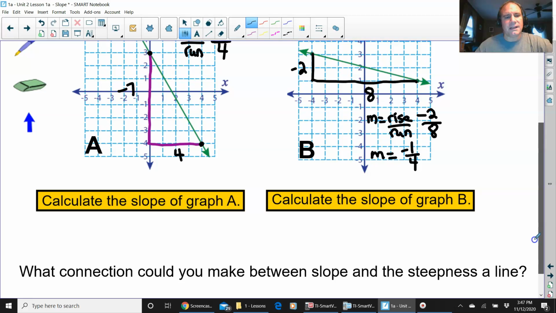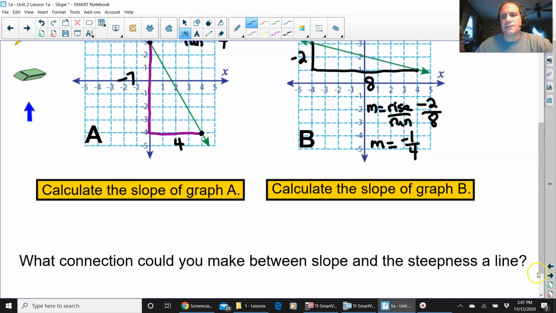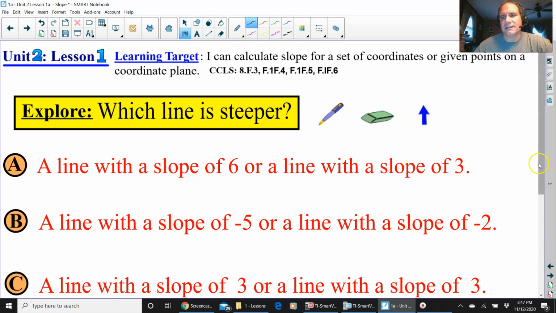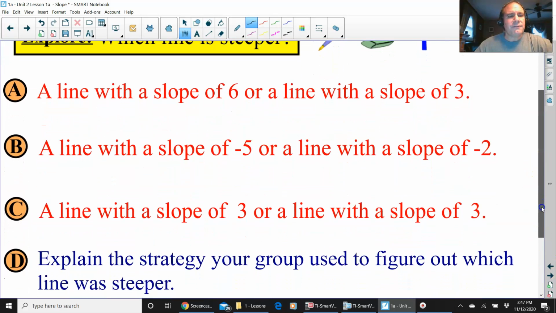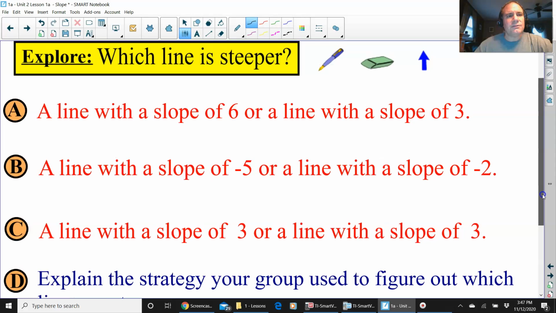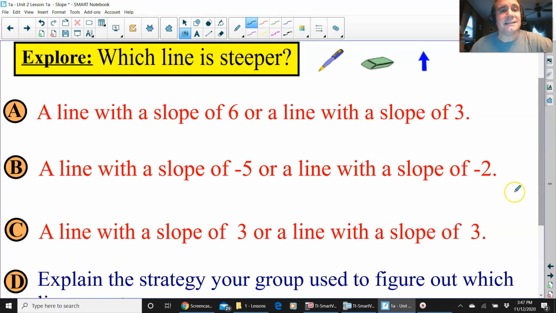You don't really have to answer this question again, the connection, because we just answered that already. So I'll do the first one with you, and you just have to explain which line is steeper, and it should be a very easy thing for you. So a line with a slope of 6 or a line with a slope of 3, which one is steeper?